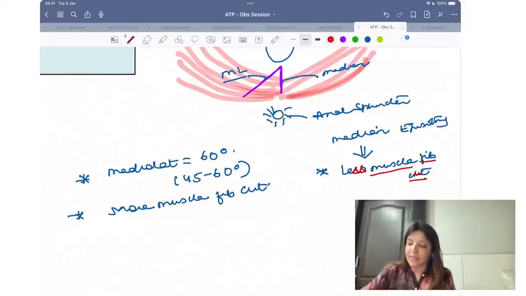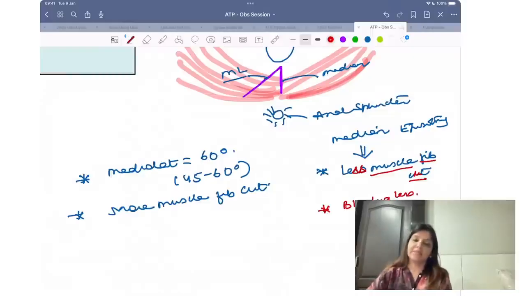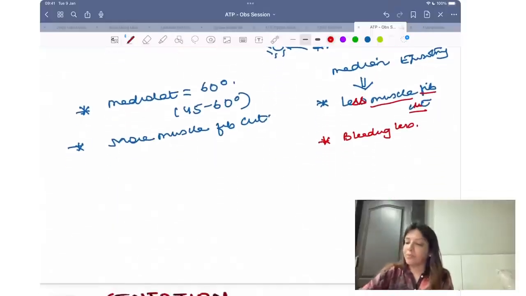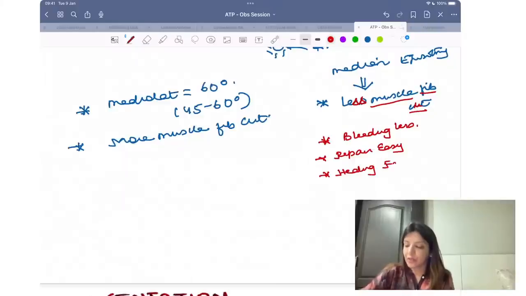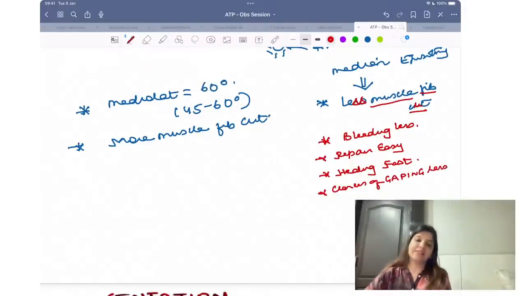Now, because in median episiotomy less muscle fibers are cut, that is why bleeding is less. That is why repair is easy. That is why healing is fast. That is why chances of gaping of the episiotomy are less.